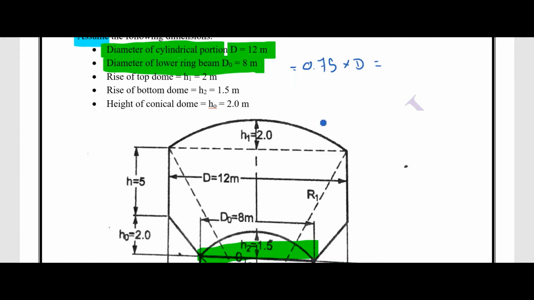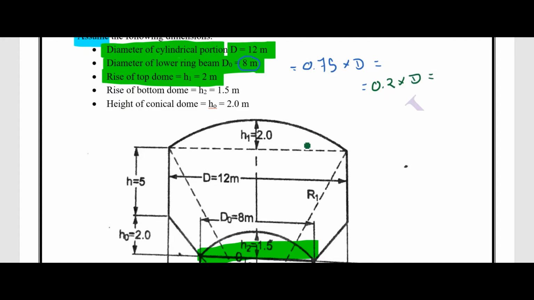0.75 into capital D. So by this equation we can find the diameter of the lower ring beam, right? Then the rise of the top dome: how do we calculate the rise of the top dome? By 0.2 into diameter.